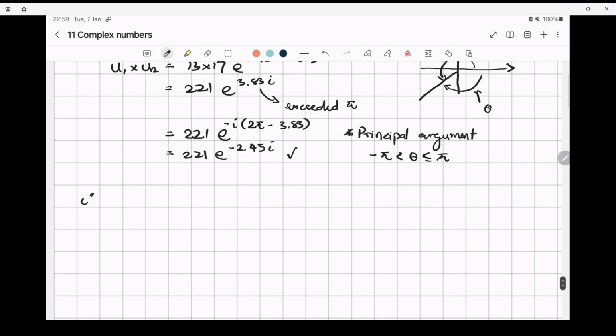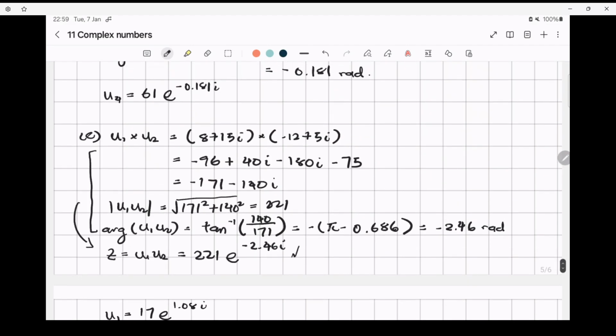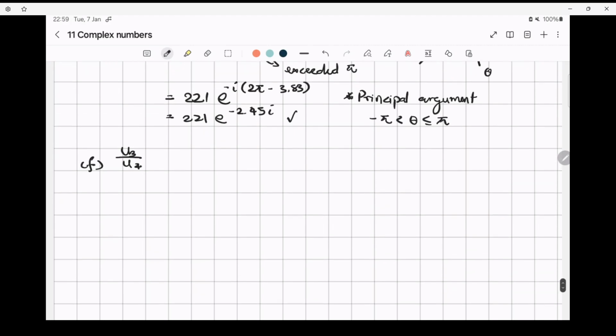Similarly, let's look at F, which is u3 divided by u4. I won't bother going into this particular method because you can do it yourself. What I would do is directly make use of the u3 form and u4 form. u3 is 41 e to the minus 1.79i, and u4 is 61 e to the minus 0.181i.